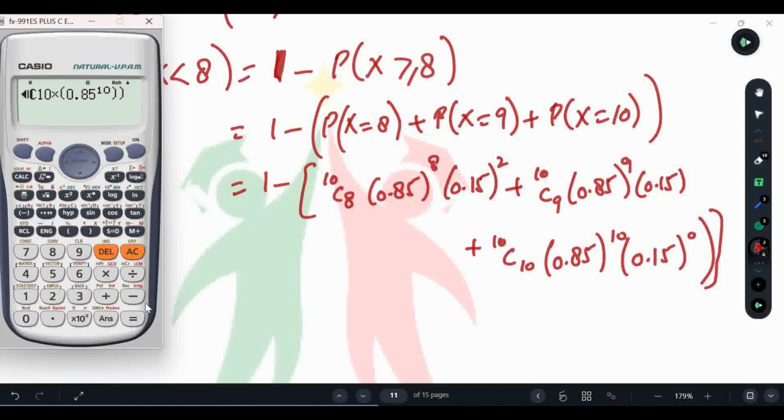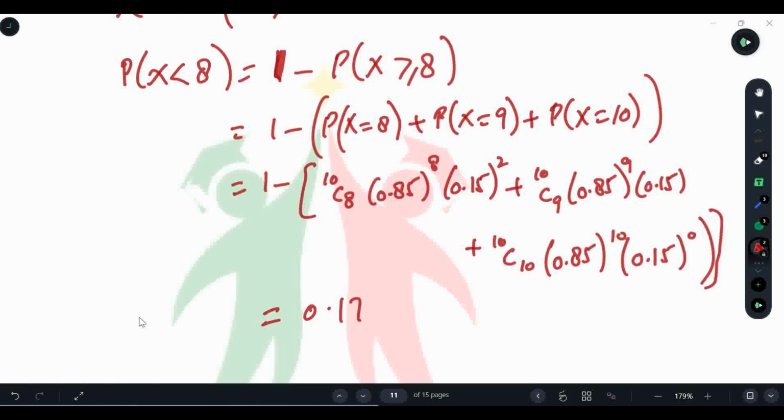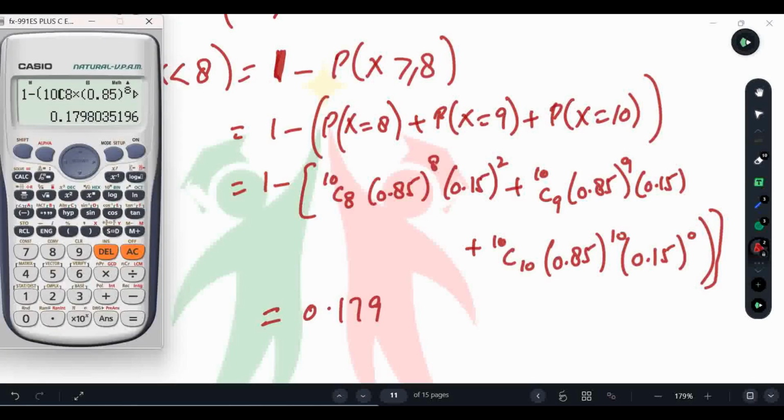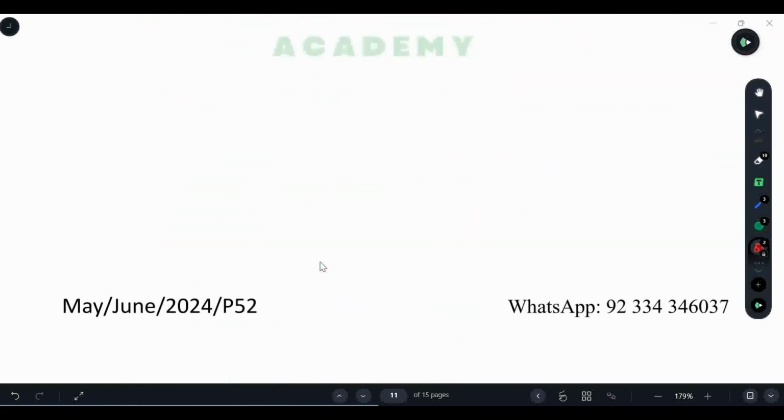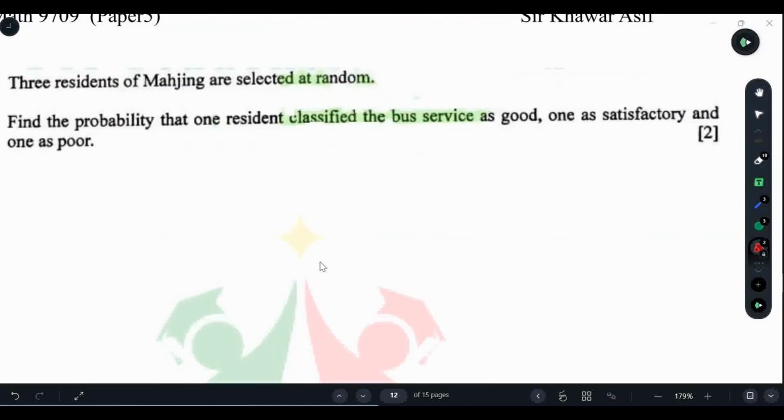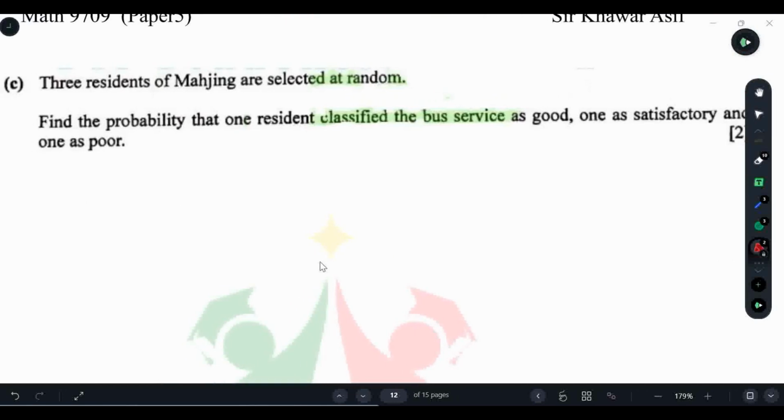This equals 0.1798, so 0.180 will be the final answer if we correct it to 3 decimal places. I hope the concept is clear. Let's move to the next one, the C part.